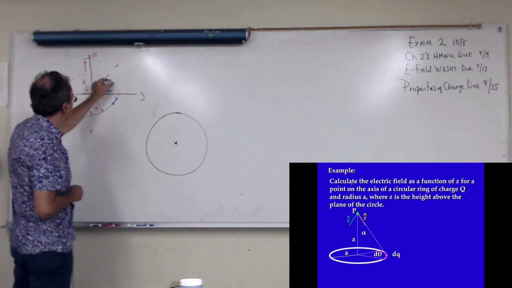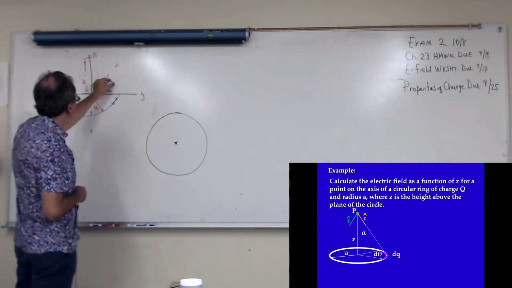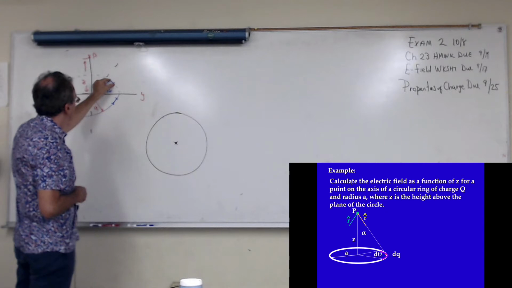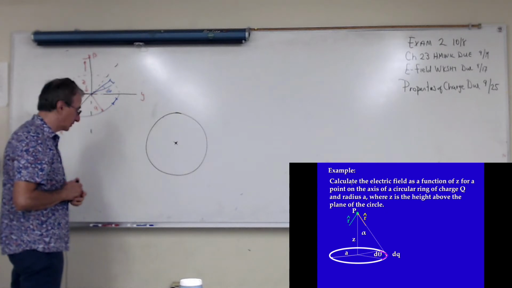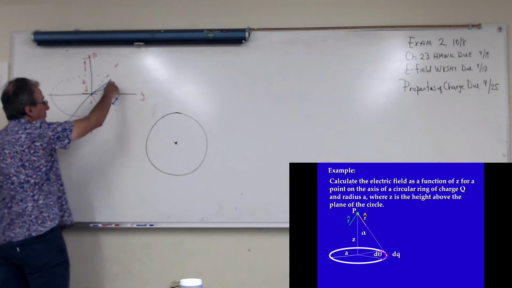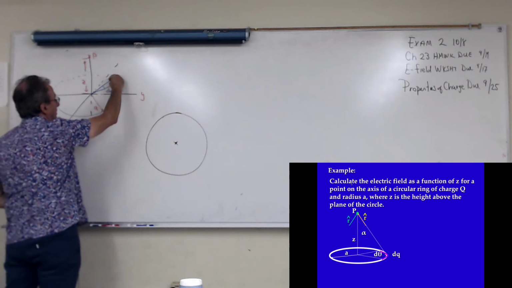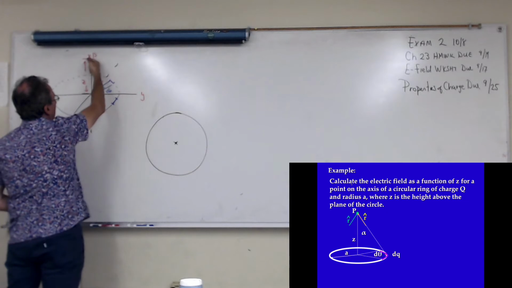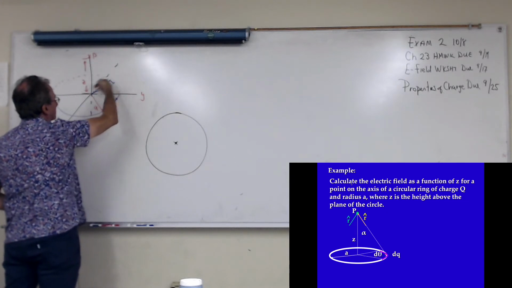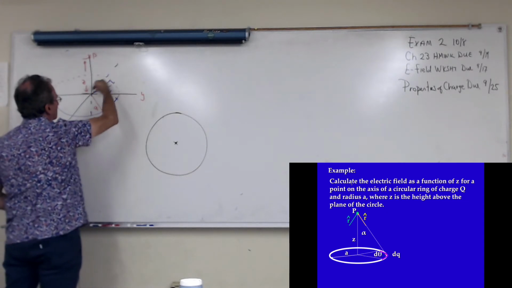But it's true that for each piece of this ring, the electric field is going to point in a different direction. Let's say this is positively charged. For this piece, the electric field points towards this point, and the x and y components point this way.